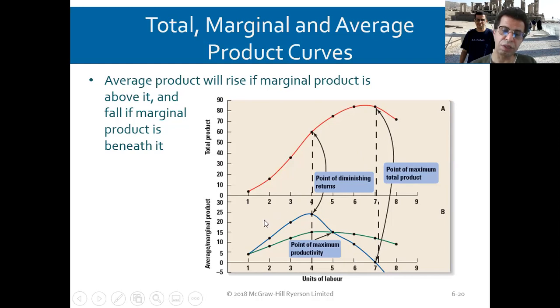In this case, the intersection between the two graphs is the point of maximum productivity, which is the point of diminishing returns. There we start having less productivity, not diminishing in number of units, but the same average person is producing less.